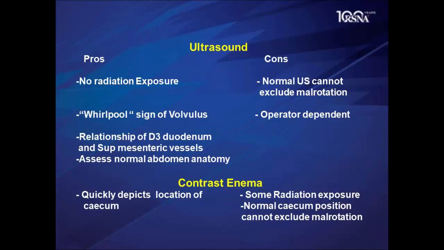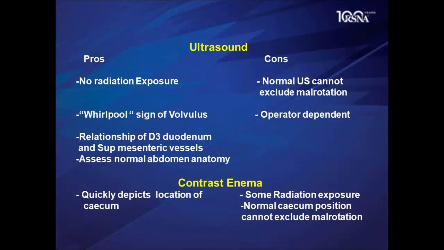Well, ultrasound is handy. No radiation exposure. We know about the possible whirlpool sign. One would study the D3 duodenum, which would cross the midline in normal situations, and also the SMA-SMV relationships.